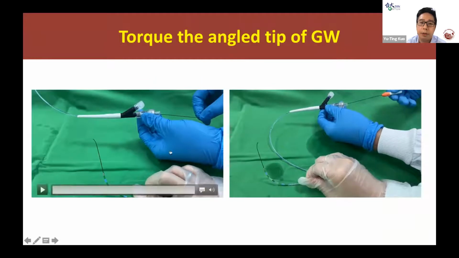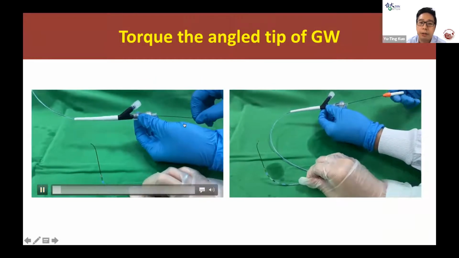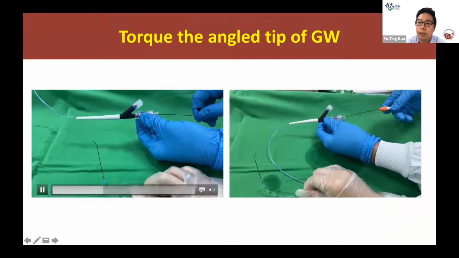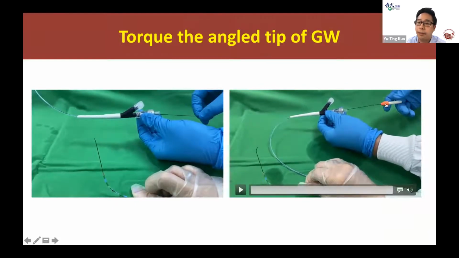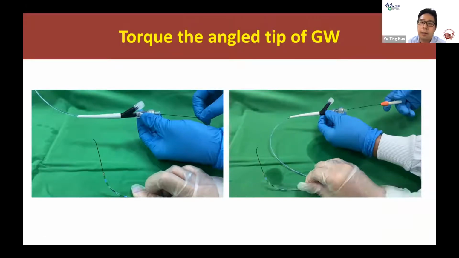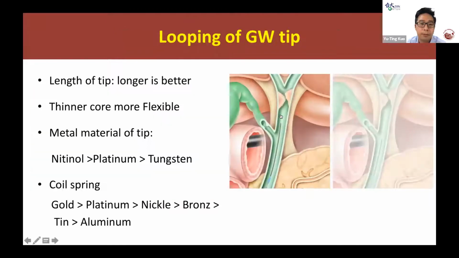You can use your hand or another device. But sometimes this is very inconvenient because it's very hard to push or pull out. So sometimes we will take off the glove and use the hand to rotate it. I think it's quite useful.